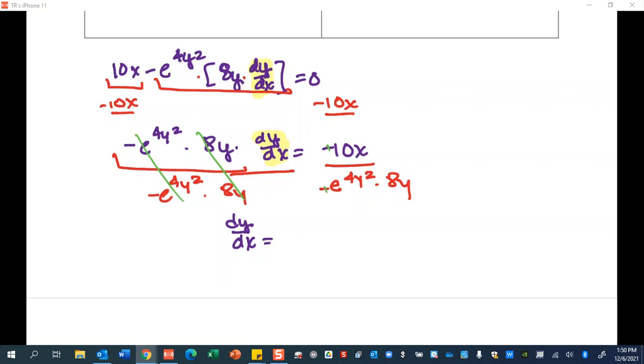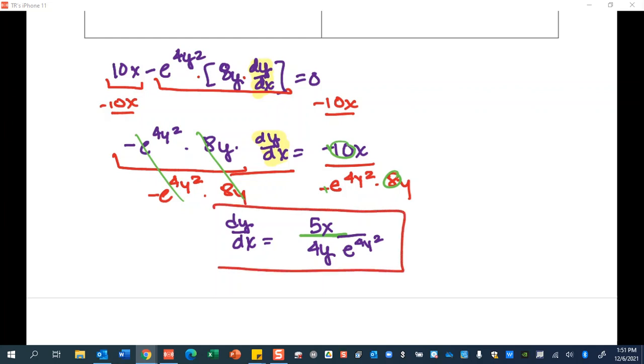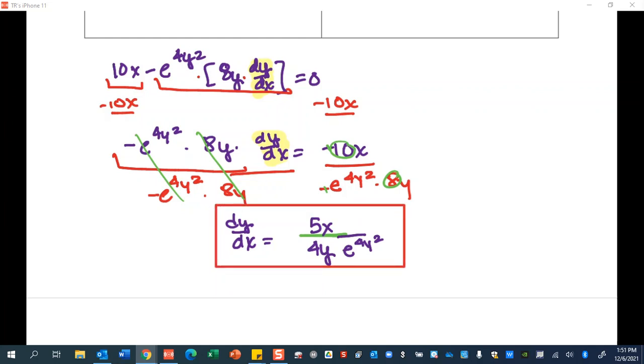These two negatives cancel out. And this 10 and this 8 are friendly numbers, so I'm going to take a 2 out. And that's going to give me, in my numerator, 5x. In my denominator, 4y. And then I can't forget about times e to the 4y squared. Does that look familiar? Yeah.